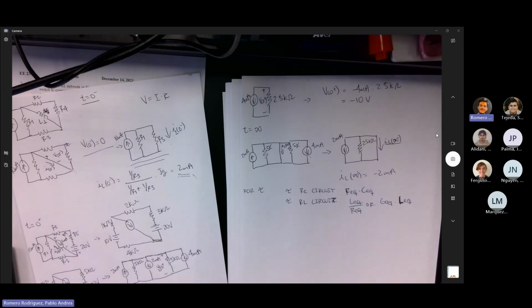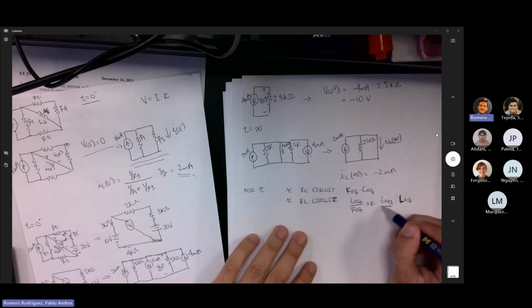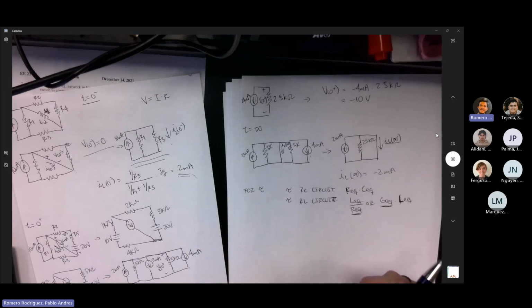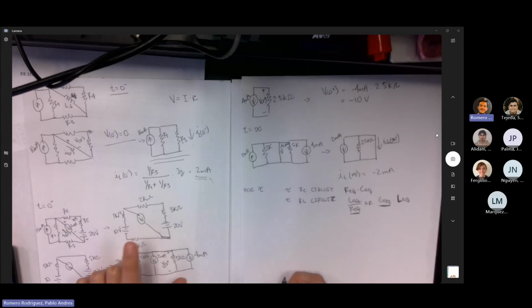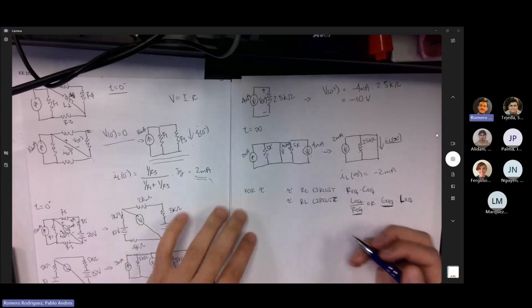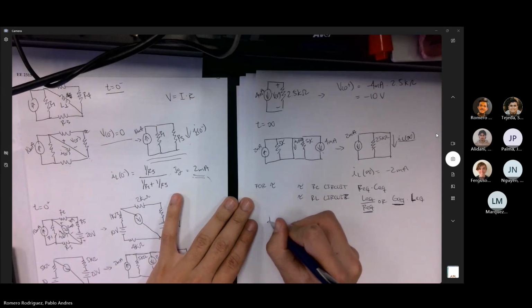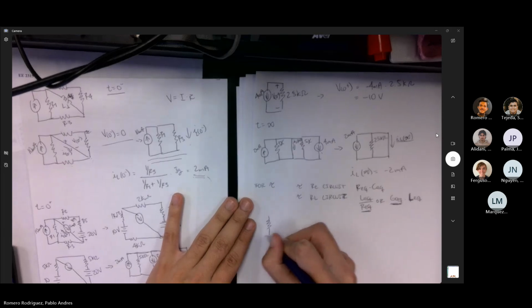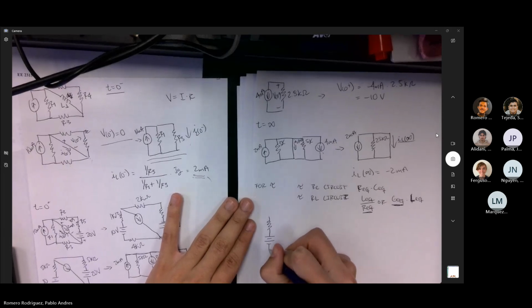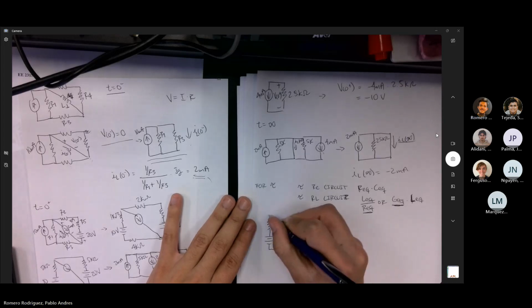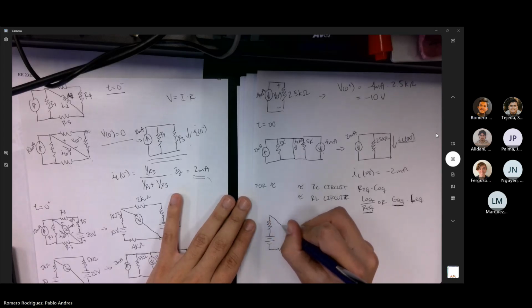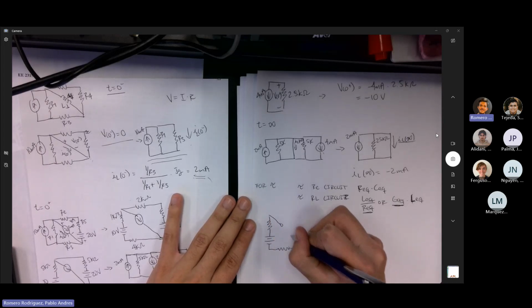Okay. So we're trying to find equivalent resistance or equivalent conductance for a second. So let's take a look at this section over here, right? I'm going to redraw that one. I'm going to be analyzing it here.